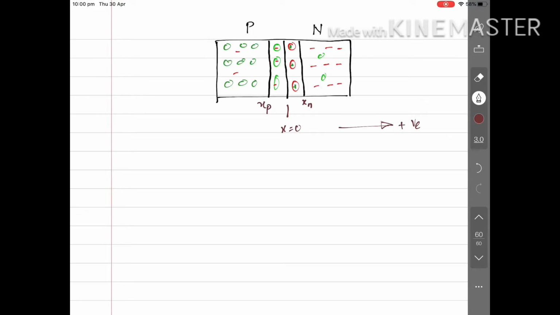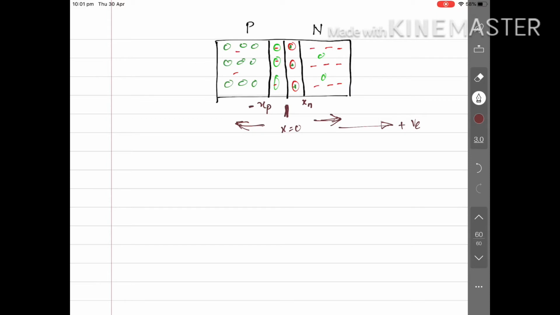As the direction of the P side is opposite, because this side is positive, this side will be negative. So this is minus xp. So now we have xn at one side of the depletion region, that is towards N, and we have minus xp at the P side edge of the depletion region.